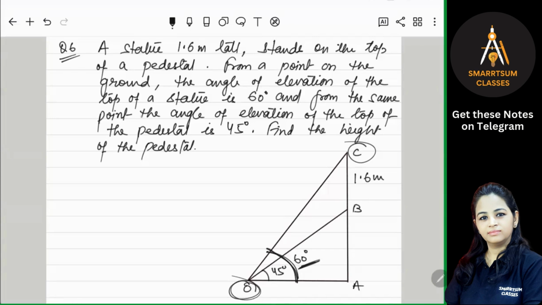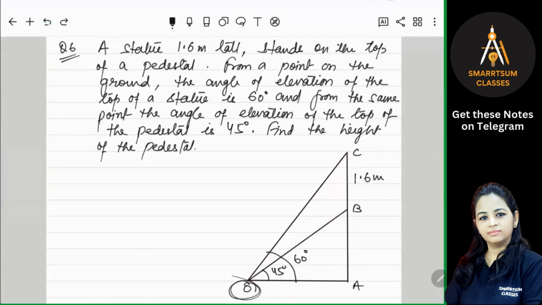And from the same point, the angle of elevation at the top of the pedestal is 45 degrees. Means from the same point O, the top of the pedestal. What is the top of the pedestal? B is the top of the pedestal. And the angle of elevation to this top of the pedestal is 45 degrees, right? So this is given here.